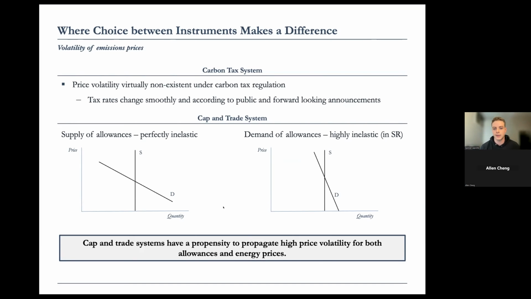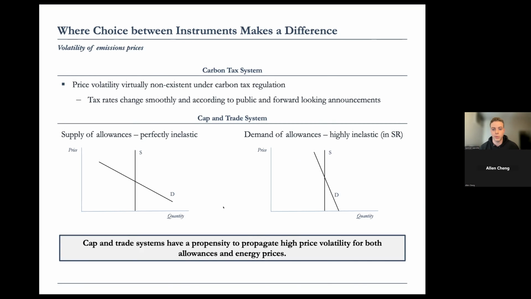If the price of energy or the price of emissions per se is extremely volatile, stakeholders that are in the markets for emissions are going to have a harder time adopting any system that's implemented. And so with the cap and trade system itself, one weakness is that the supply of allowances is perfectly inelastic, or highly inelastic at least, and that can lead to major price volatility.